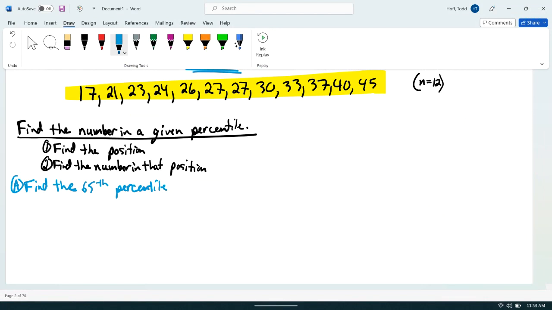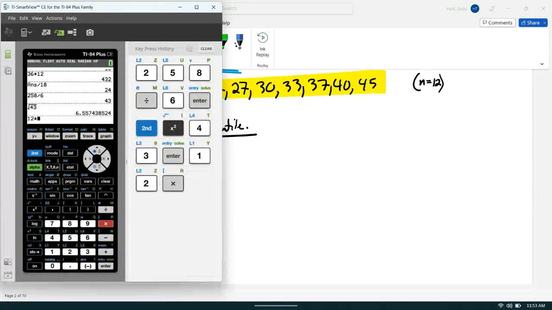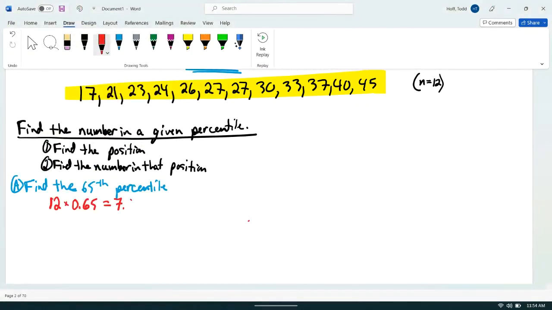So the 65th percentile, we're going to find that position. n is 12 times, the 65th percentile as a decimal is 0.65. 12 times 0.65 gives us 7.8. Remember, we said if this is a decimal, we round up.